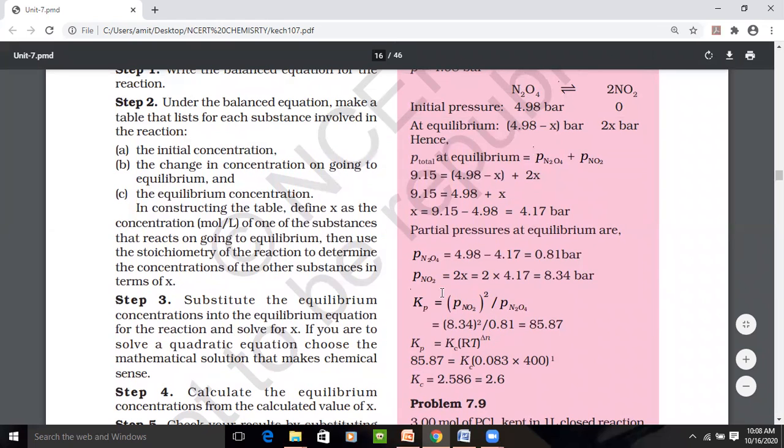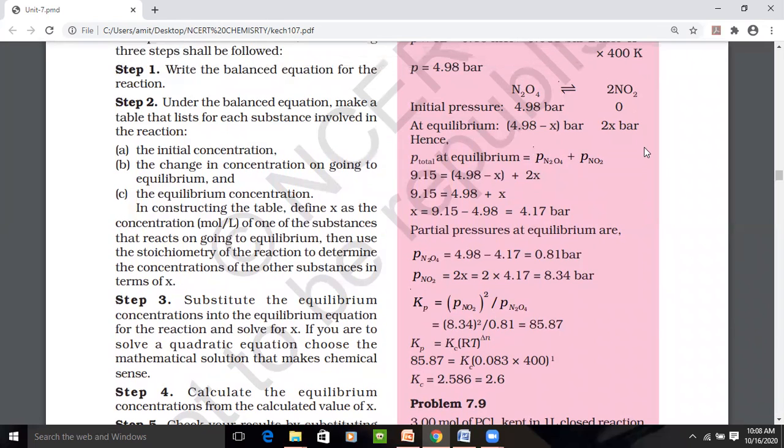Next, PNO2 is 2x, since we assumed the pressure exerted by NO2, 2 moles of NO2, is 2x. Just substitute the value of x in this formula and you will get PN2O4 as 0.81 bar. The partial pressure exerted by NO2 gas is 8.34 bar.